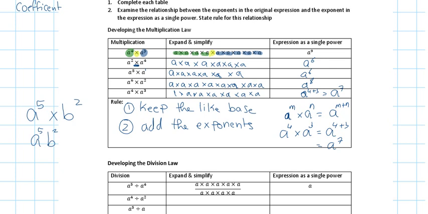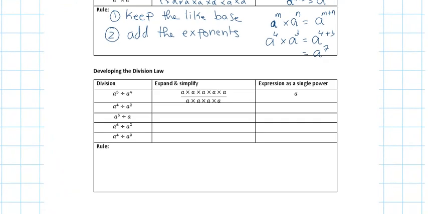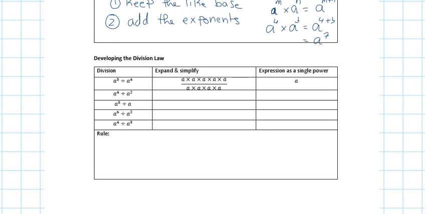Are we clear with this? All right. Now, what happens if I have division? So I have a to the power of 5 divided by a to the power of 4. So I write a multiplied by a 5 times divided by a multiplied by a 4 times. So if you look here, 1 and 1 cross, because we always simplify one from the top, one from the bottom when there's multiplication and division.